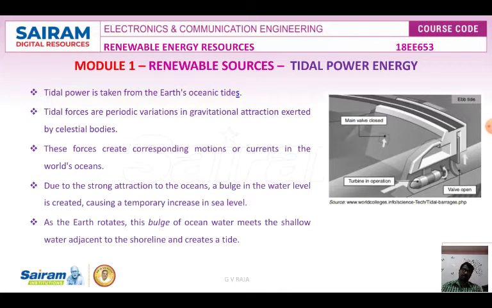Whenever the high tide comes, the reservoir, that basin, is used to store the high tide water. And once the low tide comes, the water stored in the reservoir will go out from the basin to the surface.